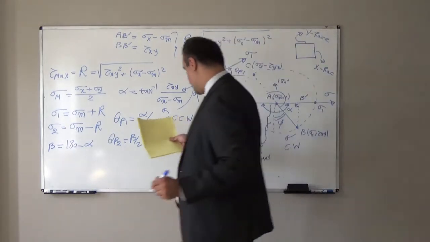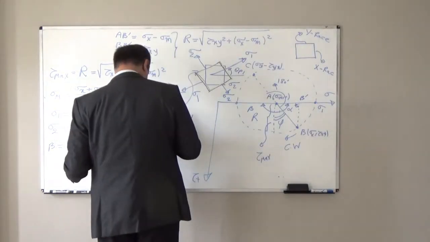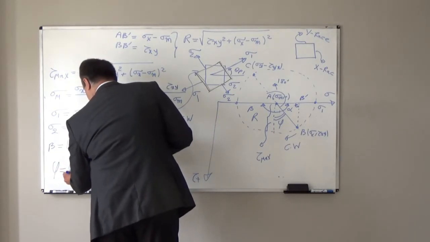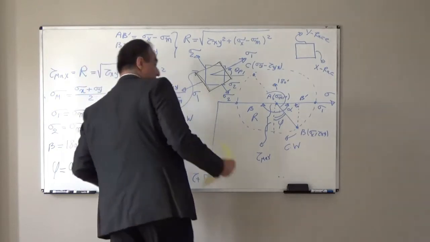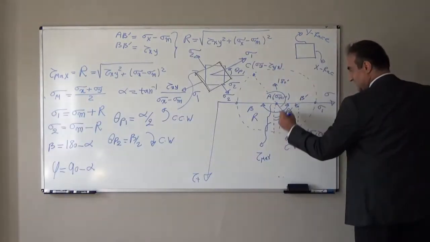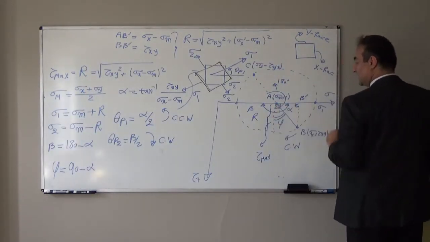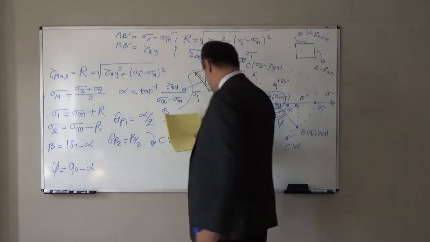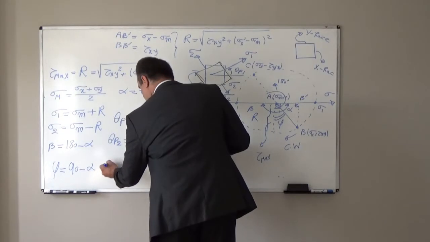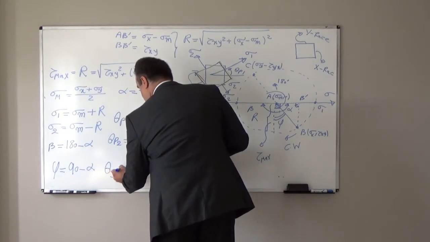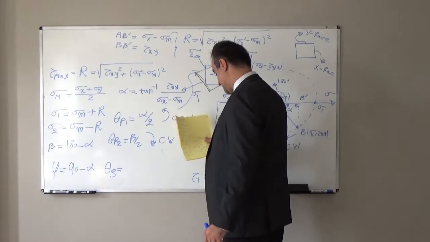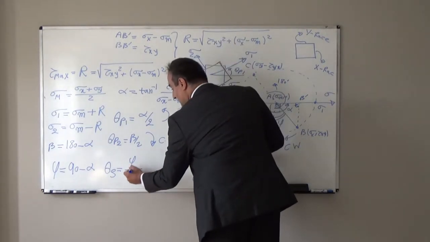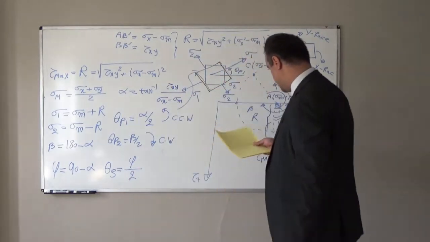So I can write phi is equal to 90 minus alpha, because this entire angle is 90 degrees. 90 minus alpha will be phi, and the maximum shear stress direction, theta S, will be phi over 2, half of that.